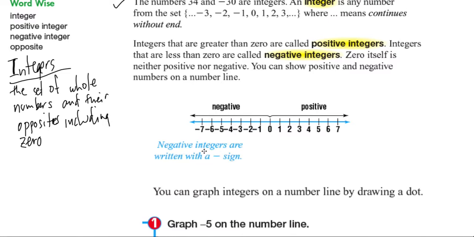Negative integers are written with a negative sign, and positive integers can be written with a positive sign or simply without a positive sign. If it doesn't have a positive sign, it is understood that it is a positive integer. You can graph integers on a number line by drawing a dot.